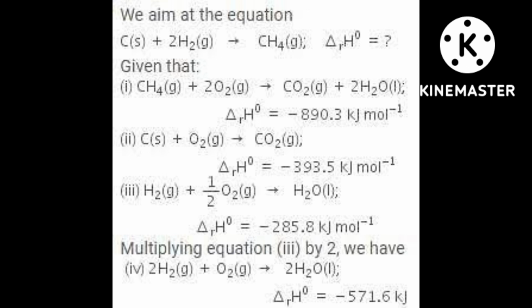Then after adding you will find all the things are cancelled. 15 O2 will be cancelled, and carbon dioxide CO2 will be cancelled, because if CO2 is on the right side and CO2 is on the left side, then you know that both will cancel. If you bring one to the other side, the sign will change.